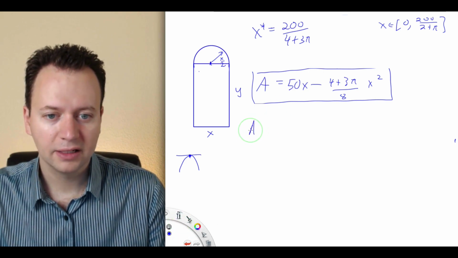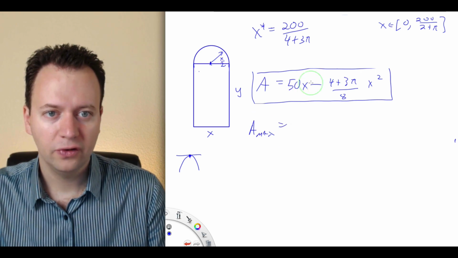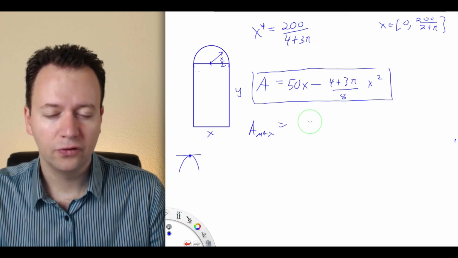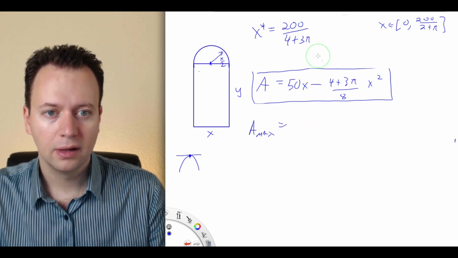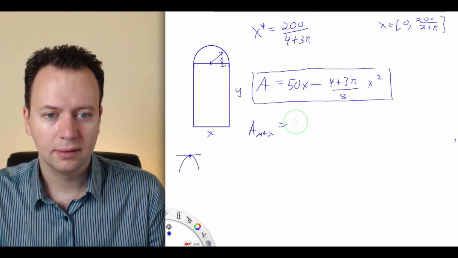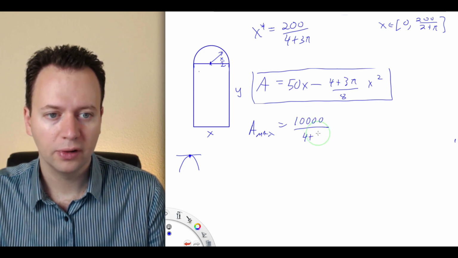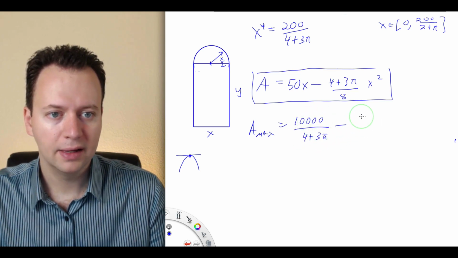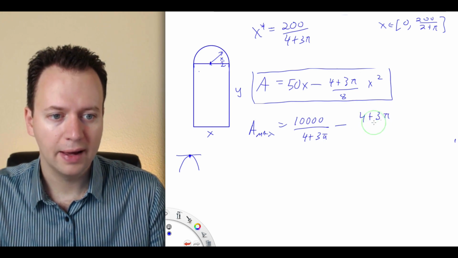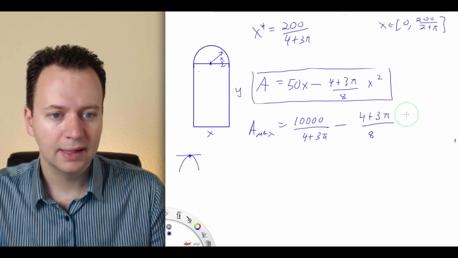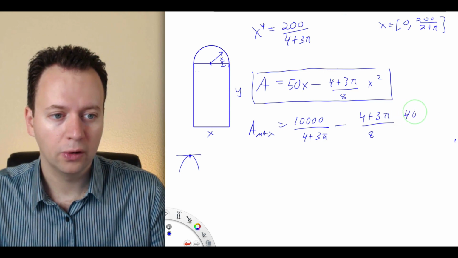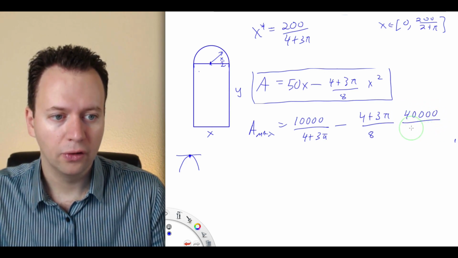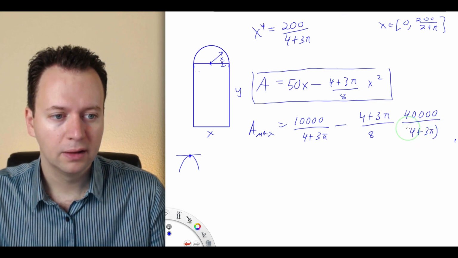So basically the maximum area is 50 times this. So 50 times 200 is 10,000 over 4 plus 3 pi, and then minus 4 plus 3 pi over 8 times 200 squared, so that's 40,000 over 4 plus 3 pi squared.